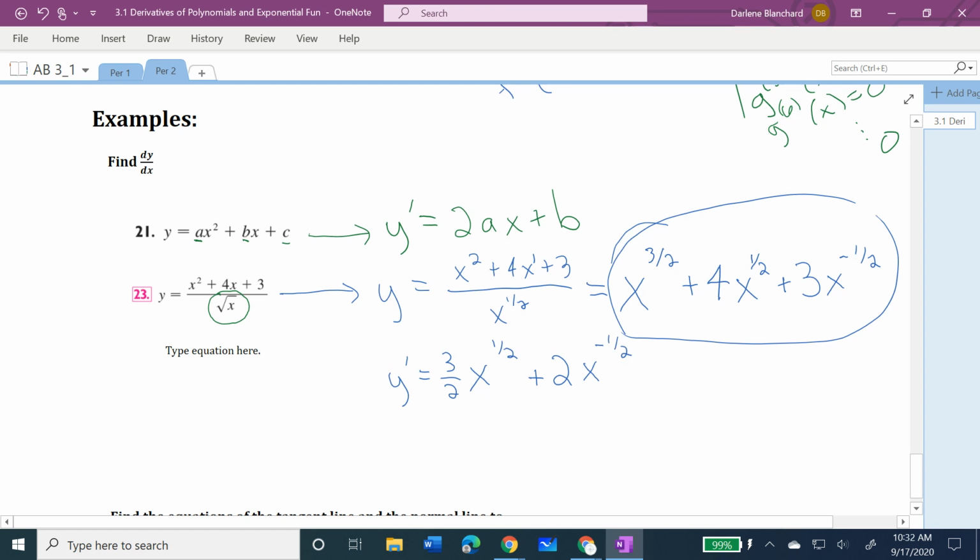Then plus 3 times negative 1/2. And negative 1/2 minus 1. Negative 3/2.